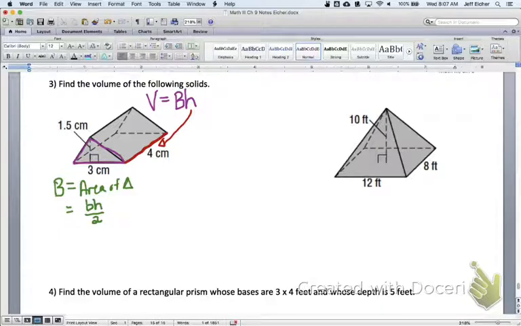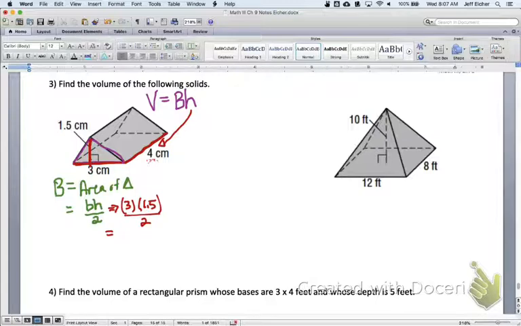So here we have the base of the triangle is 3. The height of the triangle is 1.5. Not 4, that's the height of the prism. This is the height of the triangle, which is 1.5. And then over 2.